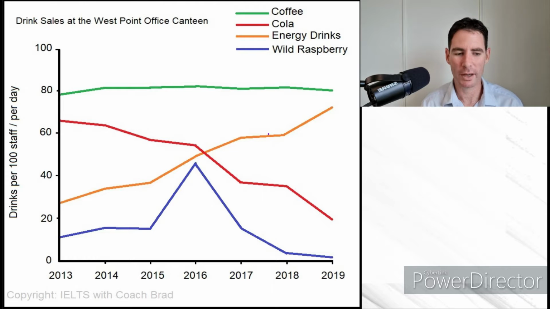You can see that one of the lines, the green line, which is coffee, has stayed the same. The red line has gone down. The yellow line has gone up, and the purple line has gone up and down. I have just used very simple vocabulary, but you will want to use much better vocabulary than that, so some of it I will teach in this video.